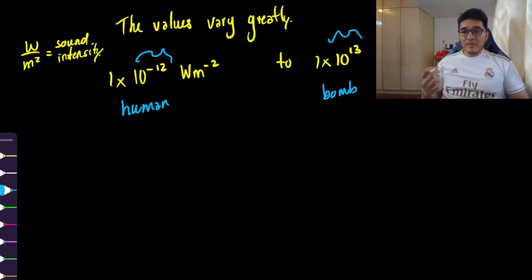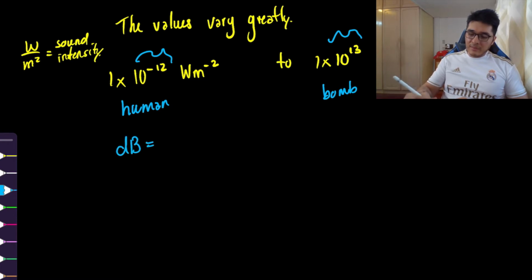One way that we simplify them is to consider the decibel scale. In this particular lesson, they didn't teach you the formula, but decibel is 10 times the logarithm base 10 of the sound intensity over the threshold of human hearing.